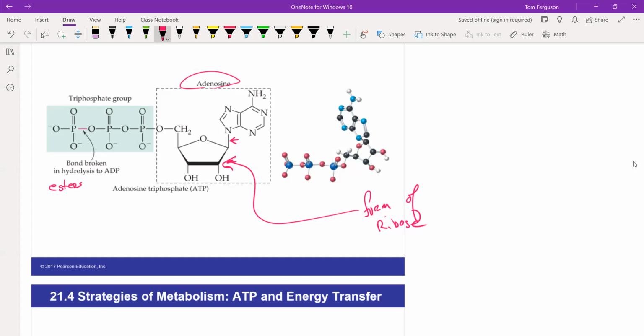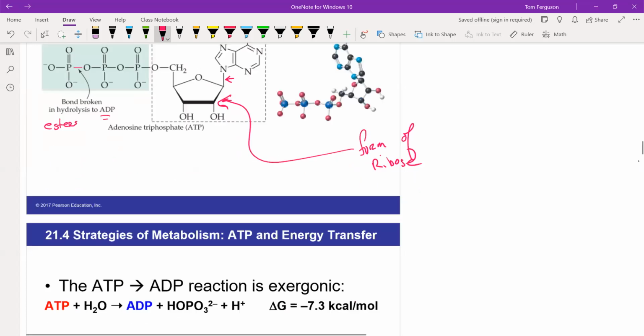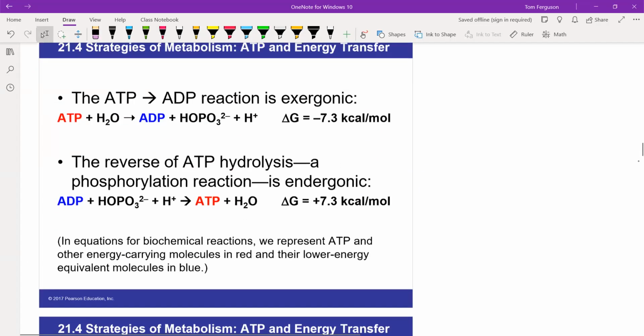And they can be hydrolyzed when this bond is broken, and it becomes ADP. And when it's hydrolyzed, it gives off lots of energy. So it's thermodynamically favored. That means it gives up its phosphoric acid easily, and gives off energy as well.